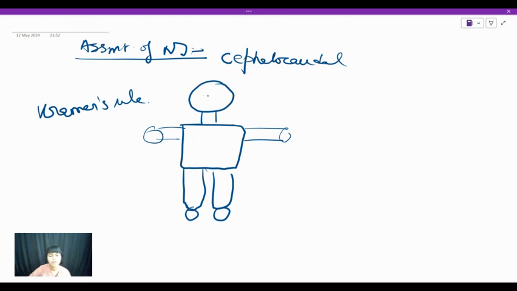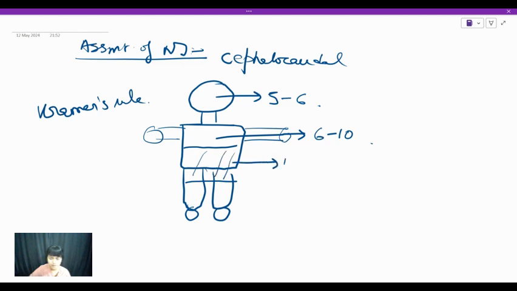So basically, when you see icterus in the face, the serum bilirubin level will be about 5 to 6. Next, if you see icterus till the chest, the serum bilirubin level will be around 6 to 10. If it is between the abdomen and the upper thigh region, then it is 10 to 12.